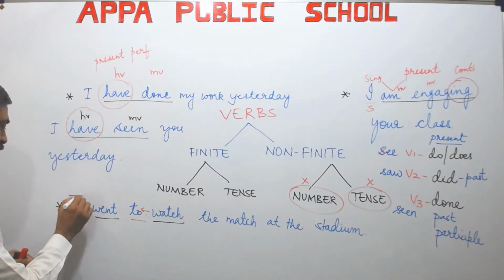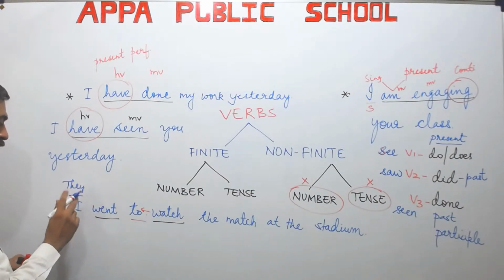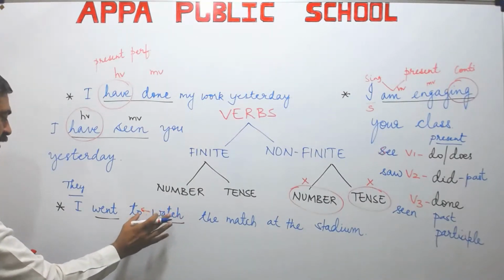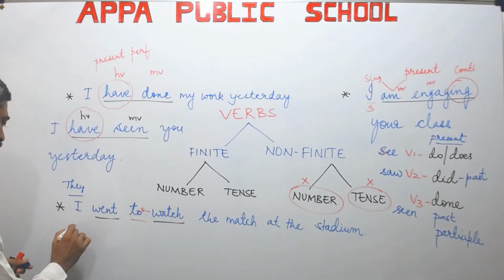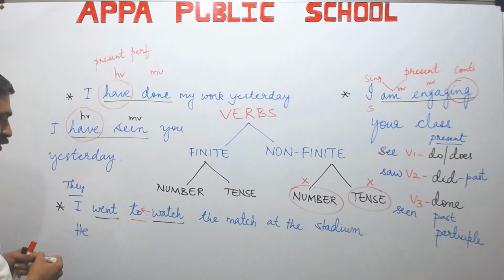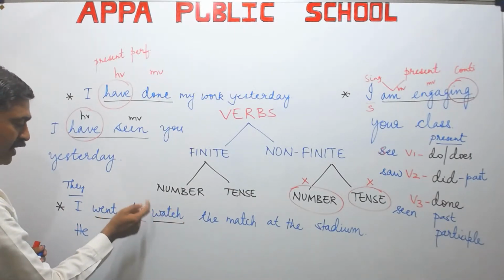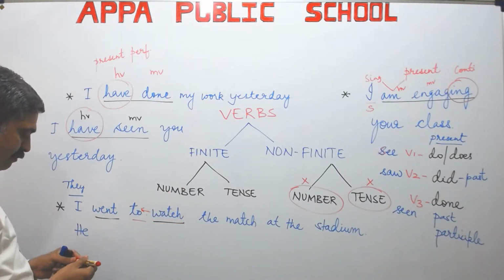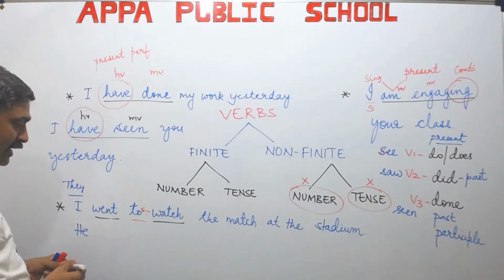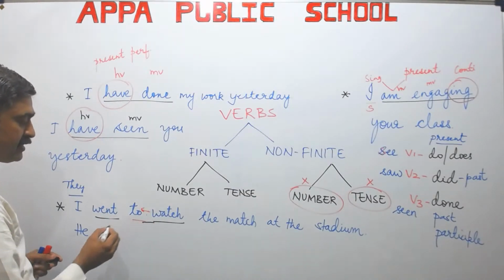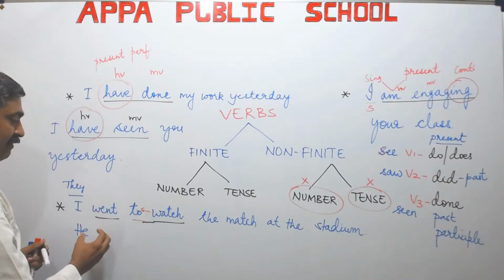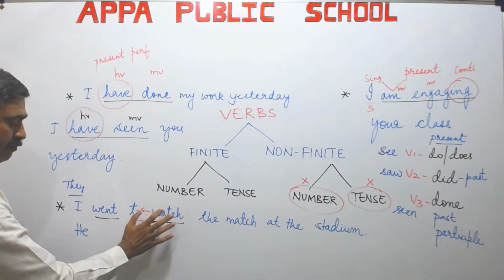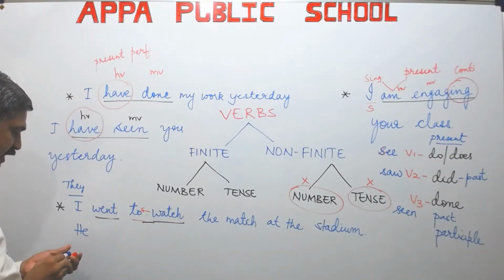For example, if I substitute the subject with they, they went to watch the match, he went to watch the match, watch remains the same. Why? Because to neutralizes the tense and the number that could help us identify it. So this cannot be taken as the verb to identify the tense of the sentence. The to preceding the verb watch will neutralize it, and so we say went.